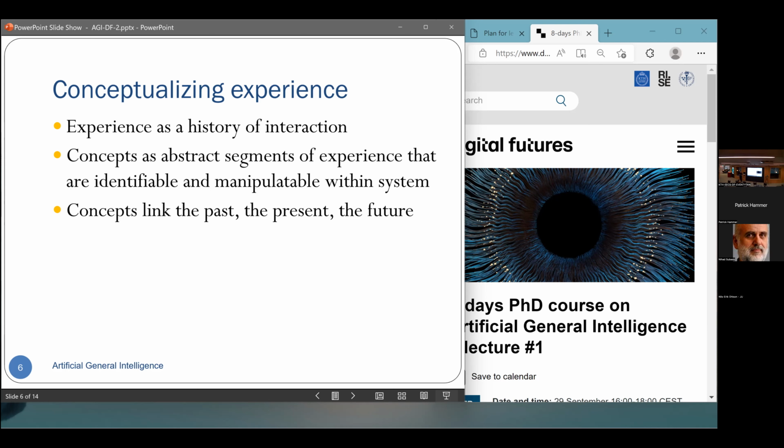We have changed. But we will say, as far as this discussion goes, I don't care about your change in a week. I will treat you as the same person as the one I met last week. You see, you have to go through concepts for that to happen. Otherwise, you would have to say they're different. And actually, this abstraction and segmentation sometimes will cause problems, will cause mistakes. We all know that. But still, concepts allow us to apply past experience to new situations by ignoring some details.